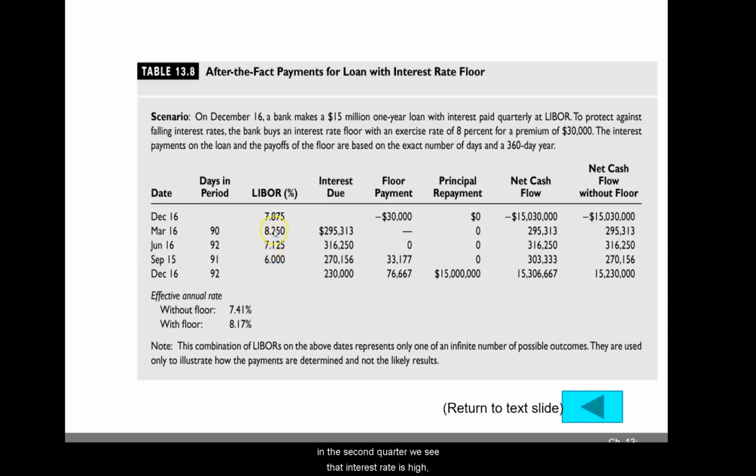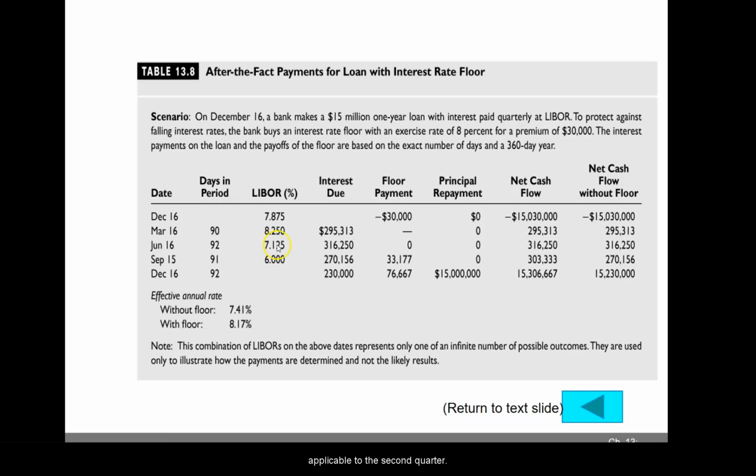In the second quarter, we see that interest rate is high, more than 8%, and that is why this floorlet, the first floorlet, is out of the money. That is applicable to the second quarter.